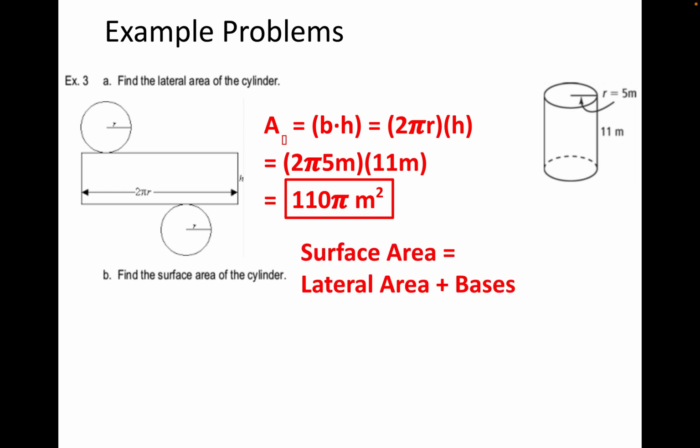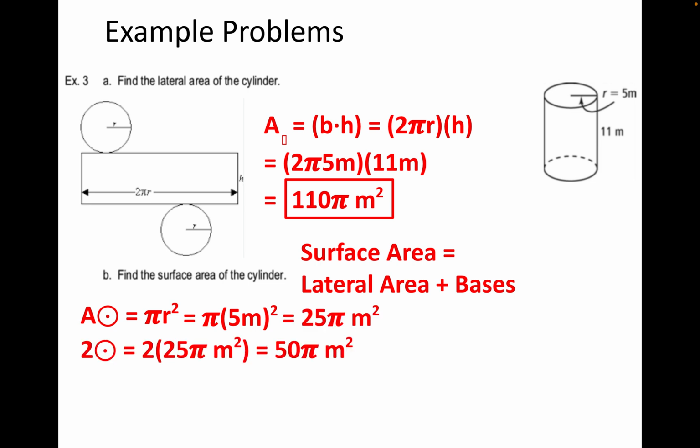All right, the next question, B, is asking us to find the surface area of that cylinder. Well, the surface area is just the lateral area plus the bases. So there's base 1 and there's base 2, and I need to find those. The area of a circle is just pi r squared, so that would be pi times 5 meters squared. Each of those bases is 25 pi square meters. Since I have 2 of them, I would multiply by 2, so that would be 50 pi square meters.